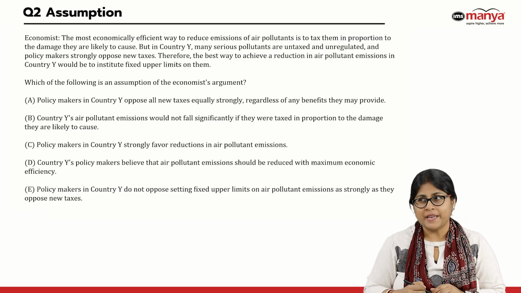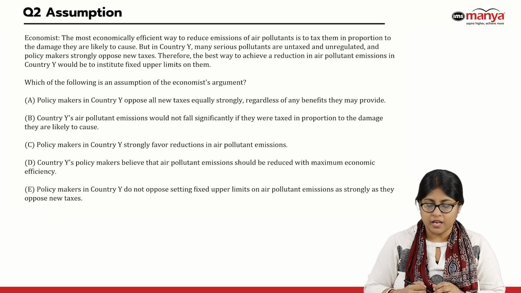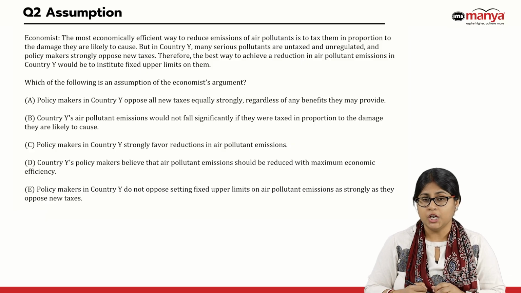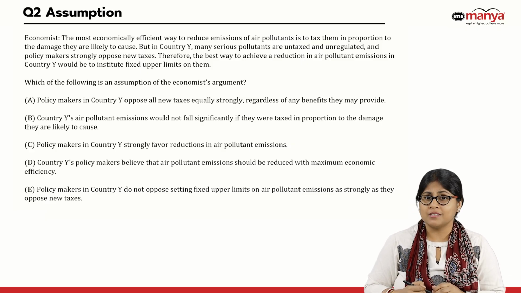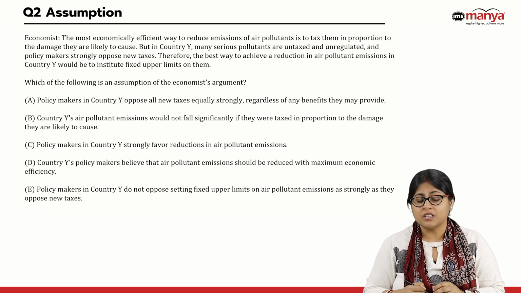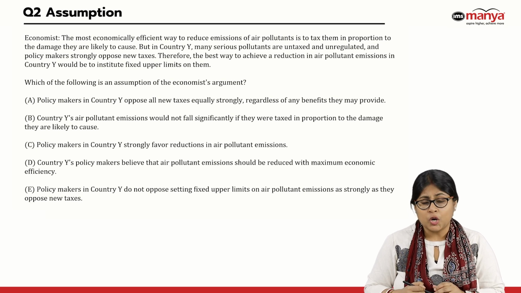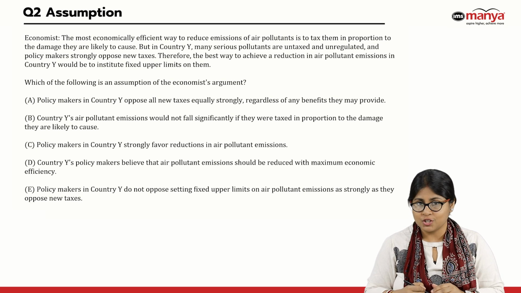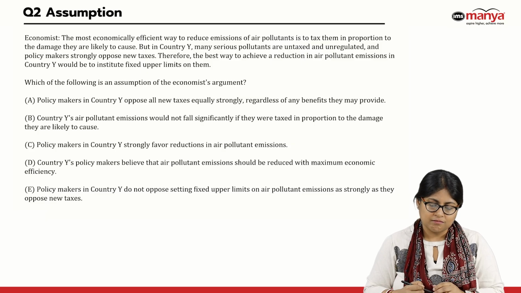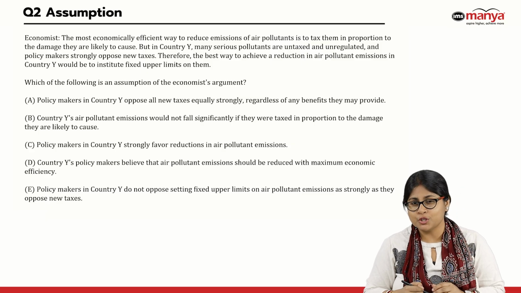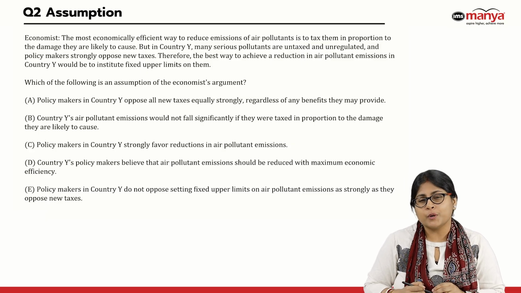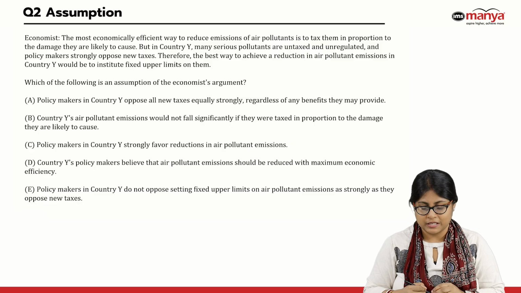So the economist is saying that in country Y, policymakers oppose such taxes, and hence many pollutants are untaxed and unregulated. So the best solution is not feasible at this moment.